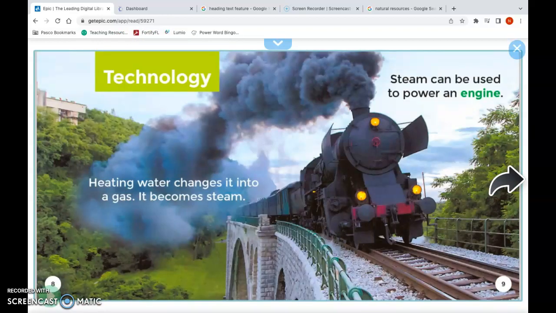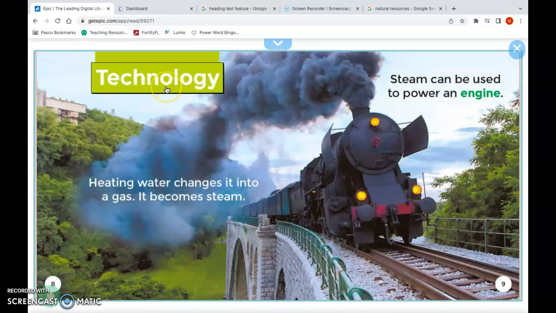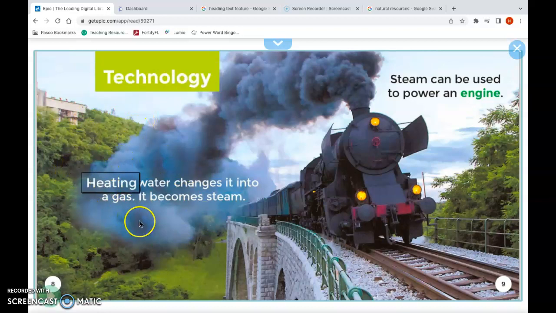Friends, do you see another heading on this page? I want you to point to the heading on this page. Did you point up here to this word? You are correct. This is the word technology, and this is the heading for this text down here, technology. So let's read these couple pages. Heating water changes it into a gas. It becomes steam. Steam can be used to power an engine.